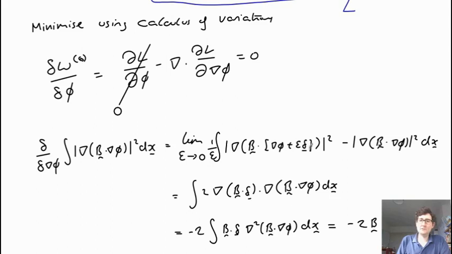Here I've done it with delta functions, which is a bit of an abuse of notation, but I hope it's reasonably clear. You could also do it by expanding this out as a function, adding a perturbation, and ending up with the same result. We make a small change to the function, and take the difference with the original. Propagate this through, and you end up with basically the derivative of this.